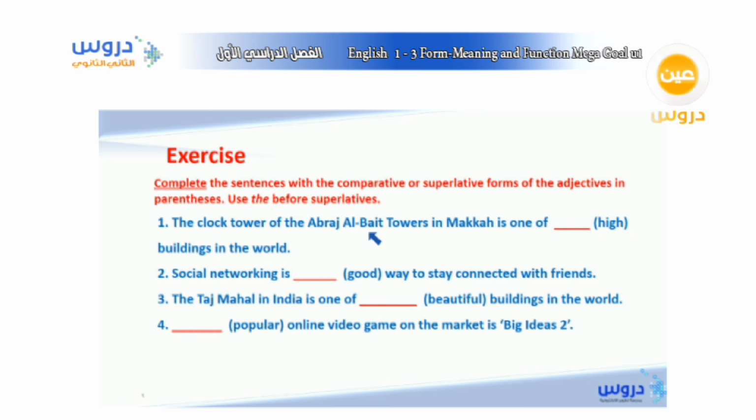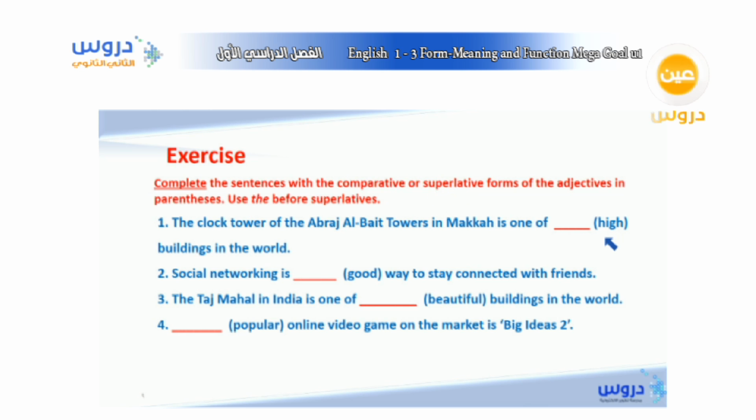The clock tower of the Abraj al-Bayt towers in Mecca is one of the high buildings in the world. So here we have buildings, which means many buildings.